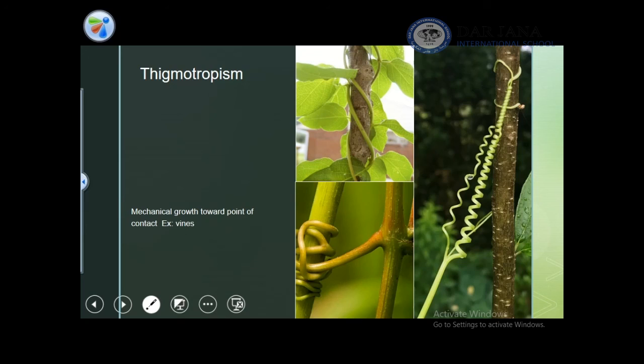They try to find any support and start attaching to it. For example, here you can see how plants move toward this support, this stick, and start surrounding it. I hope you enjoyed our presentation and our lesson for today, and this is all concerning the plant.